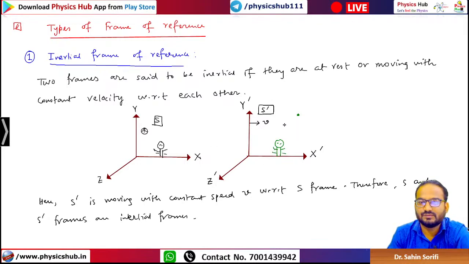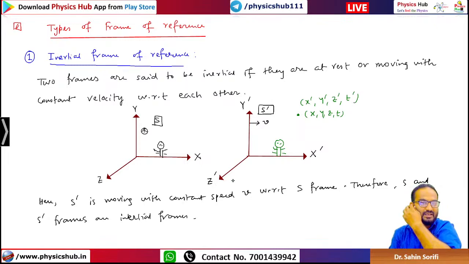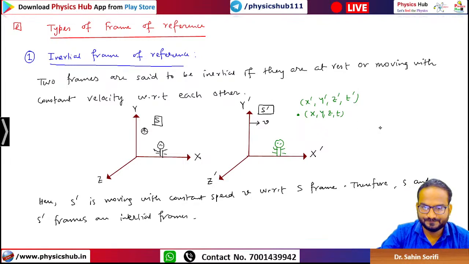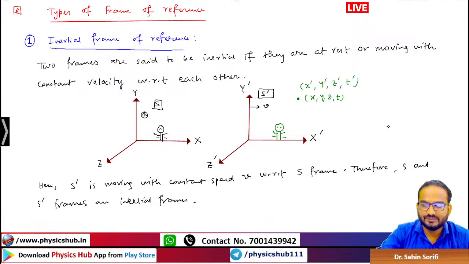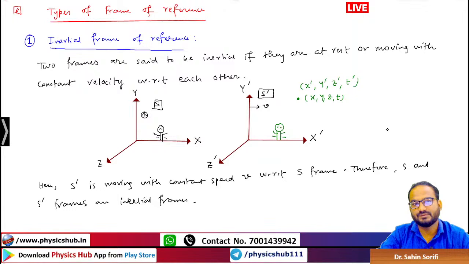This person will measure this event as x, y, z, t, and this person will measure the same event as x prime, y prime, z prime, t prime. Now in relativity we try to find out the relation between these coordinates: between x prime and x, y prime and y, z prime and z, and t prime and t. So this is inertial frame of reference, and all the discussions on special theory of relativity will be done by taking inertial frames of reference.